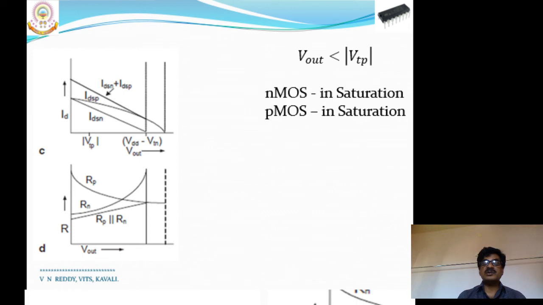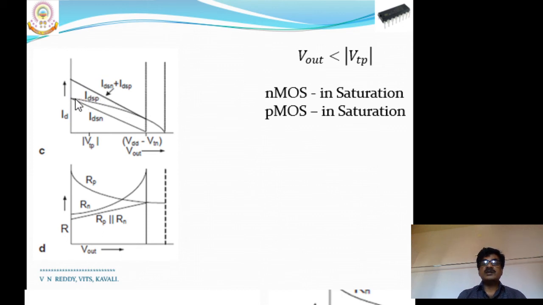They operate in the saturation region, which means the drain current is very high. In the saturation case, the current magnitude is large. This is the IDSN current and this is the curve for IDSP. The sum of these two currents is the resultant current. This is the curve representing IDSN plus IDSP.